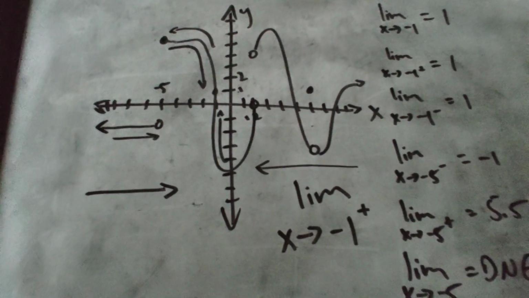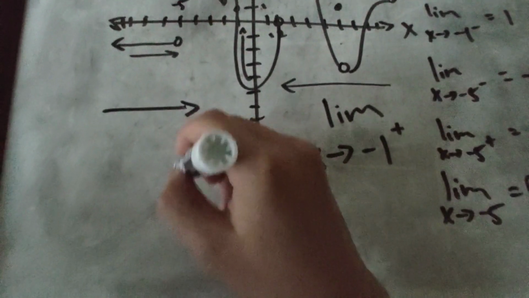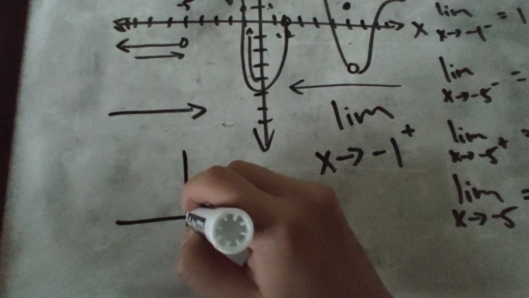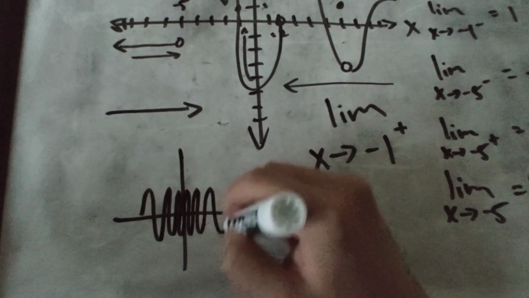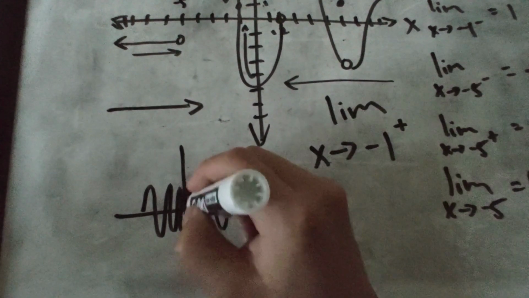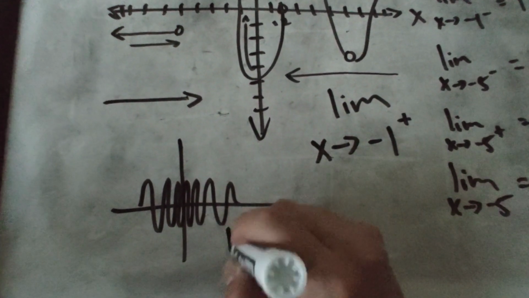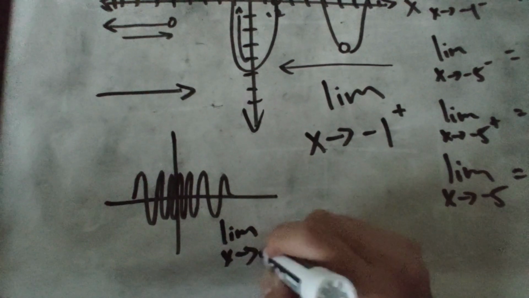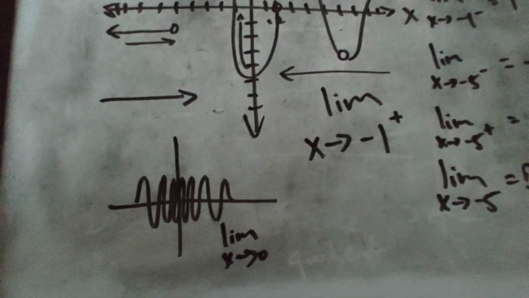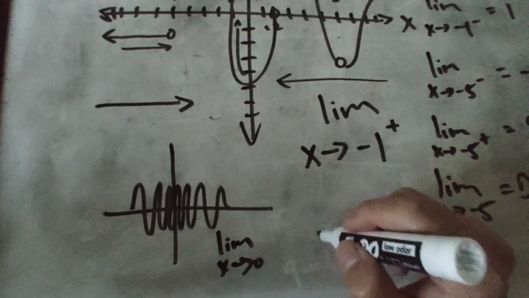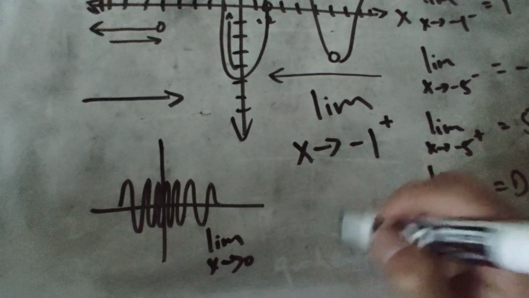And another way that the limit does not exist, I'm going to put it over here, is if there's a sinusoidal that goes something like that. In this case, the limit is as x approaches 0. There's no set value that the sinusoidal is approaching.